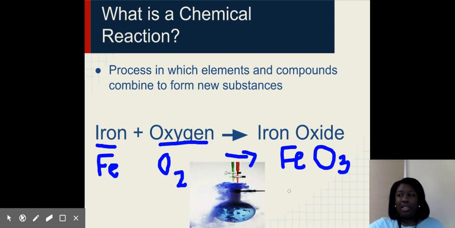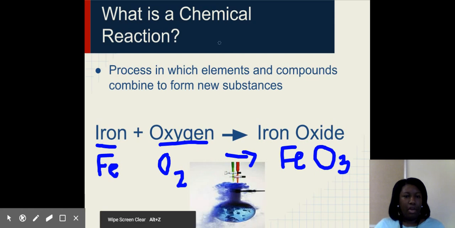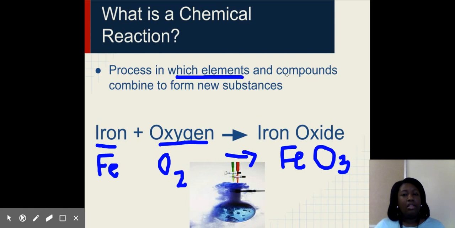It's taking what we did yesterday, combining chemicals in class, and now we're putting it in an equation. So remember, it's a process of elements and compounds combining to form new substances.